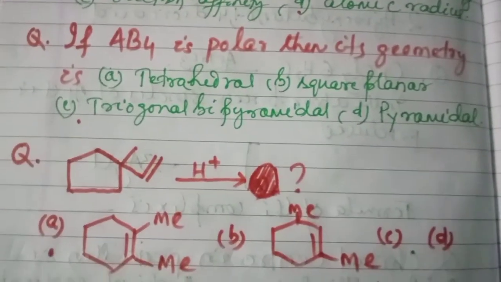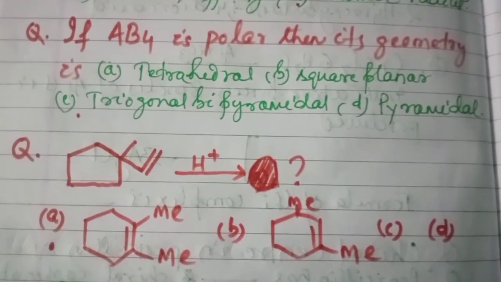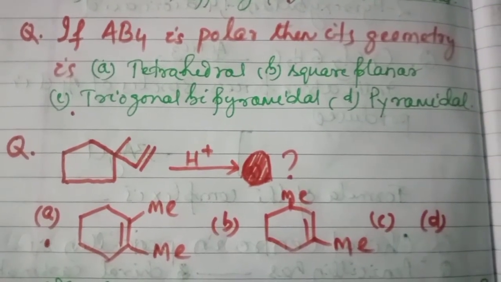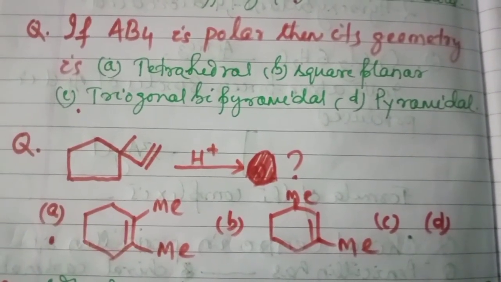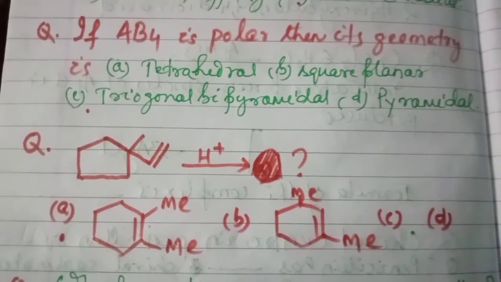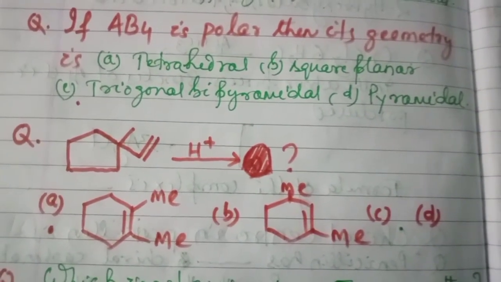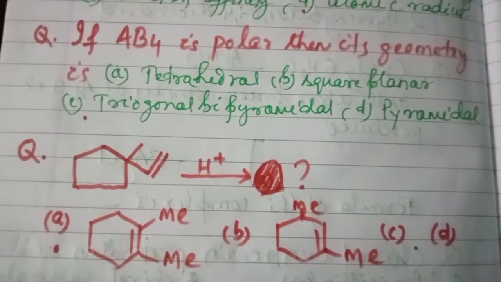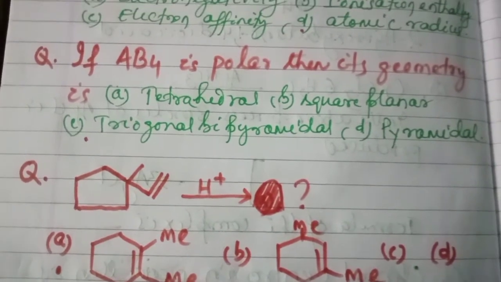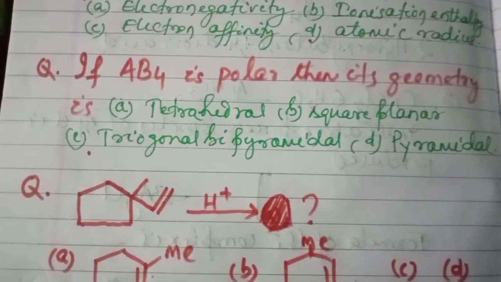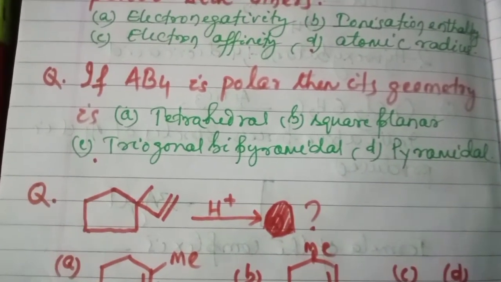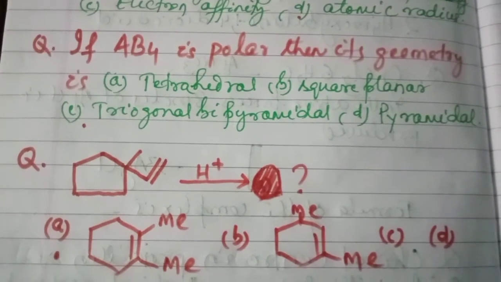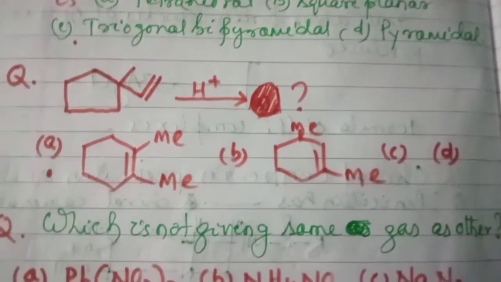Using the structure in presence of H+, the probable structure is in option A. Here ring expansion takes place, H+ attacks the diol and a secondary carbocation is produced, and then ring expansion occurs and the positive charge on the tertiary carbon removes a hydrogen atom from the adjacent carbon, giving a double bond. So option A is the correct one.